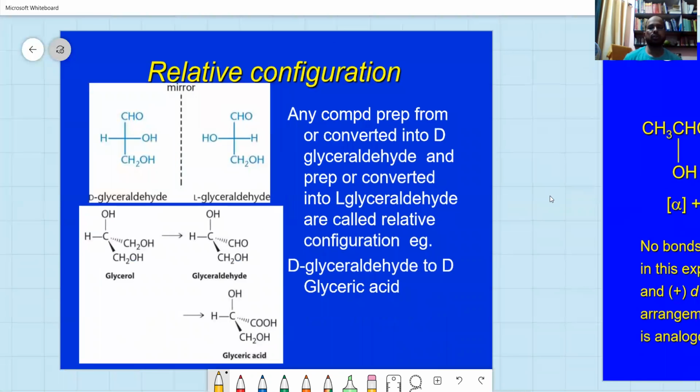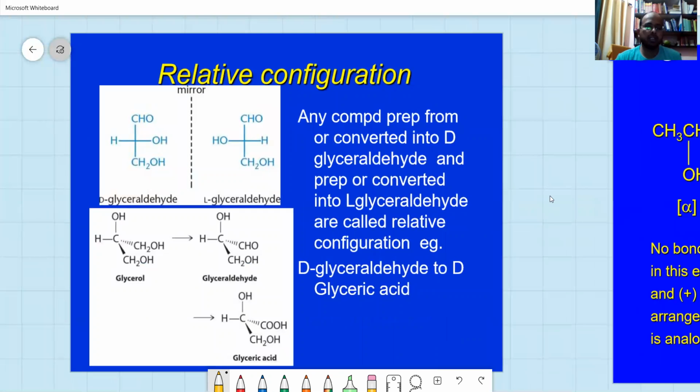As I told you, glyceraldehyde is the one in which OH is on the right. Okay, therefore you call it D-glyceraldehyde. This is an important point. Okay, OH is on the left, and you call it L-glyceraldehyde. Therefore, any compound that has got CH2OH, the next carbon atom is asymmetric.